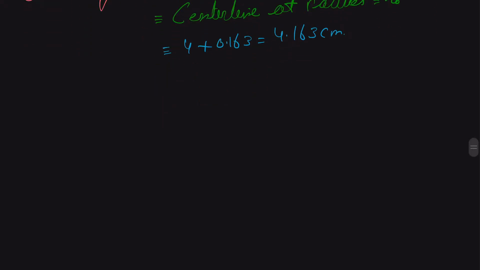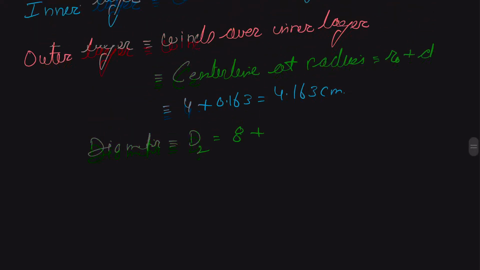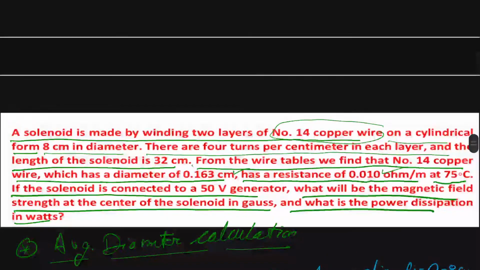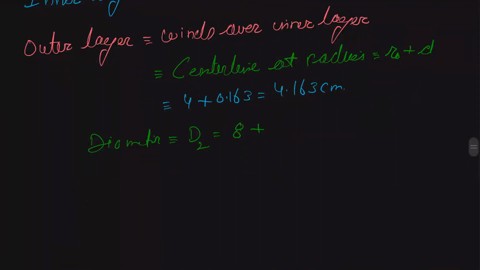Therefore, we can write that the diameter for the second layer, that is D2, will be equal to the inner 8 plus twice 0.163, and this approximately comes to 8.3 centimeters.